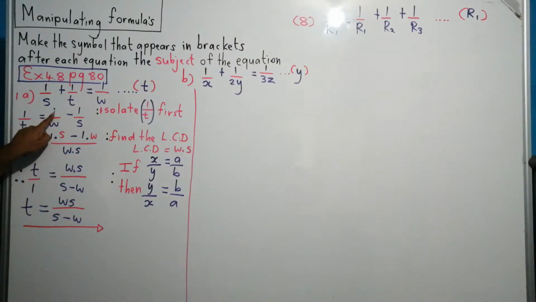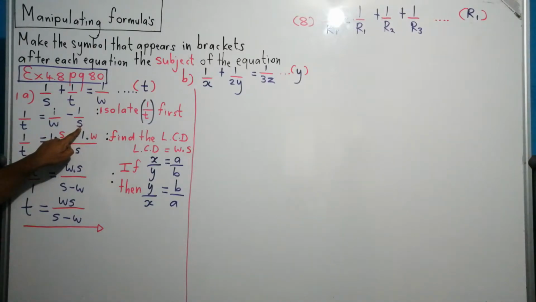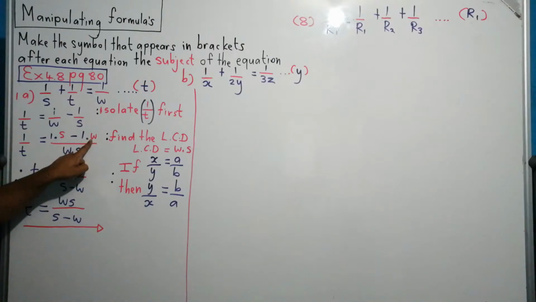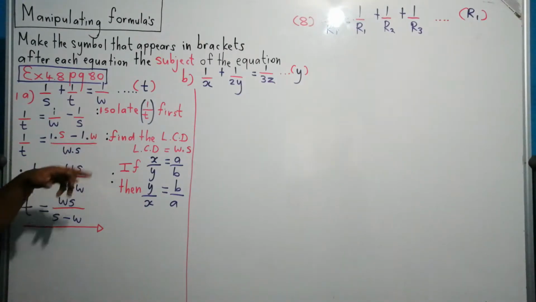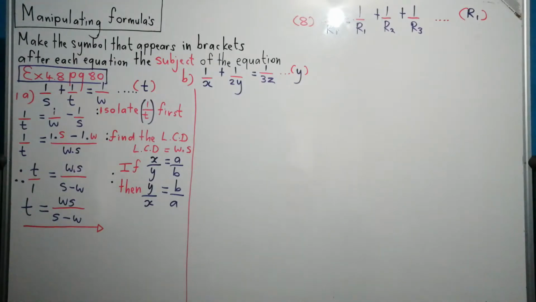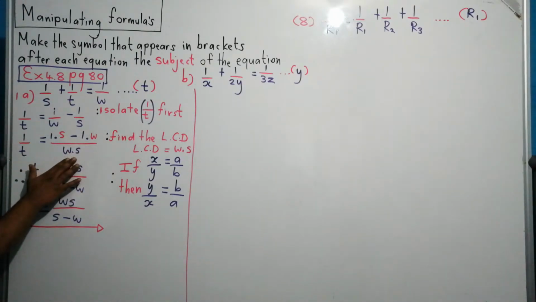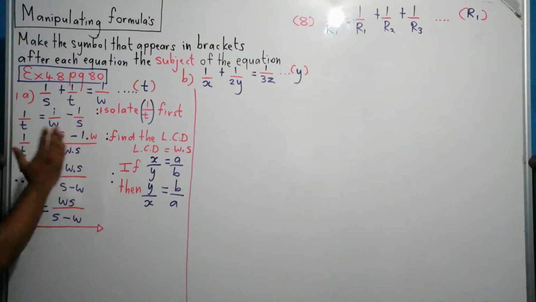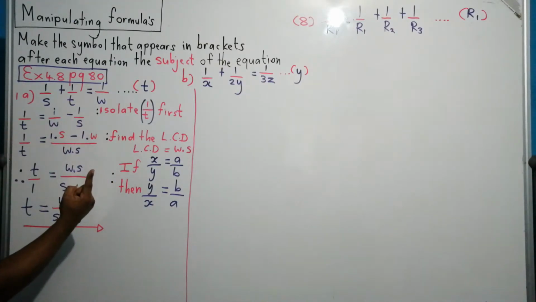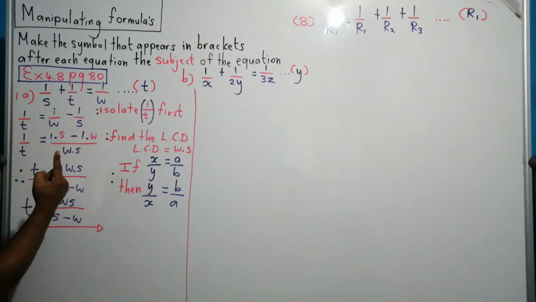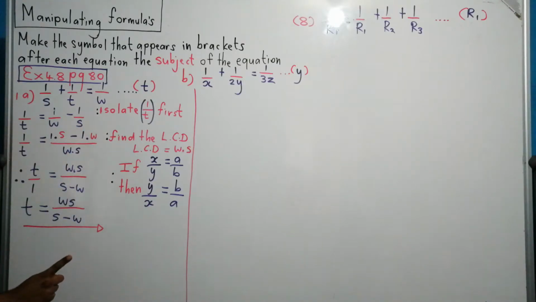So 1 needs to be multiplied by s, and this one needs to be multiplied by w. So 1 times s is s, and 1 times w is w. Now, once you have your LCD, you have a single fraction on the right hand side, because it has just one denominator.